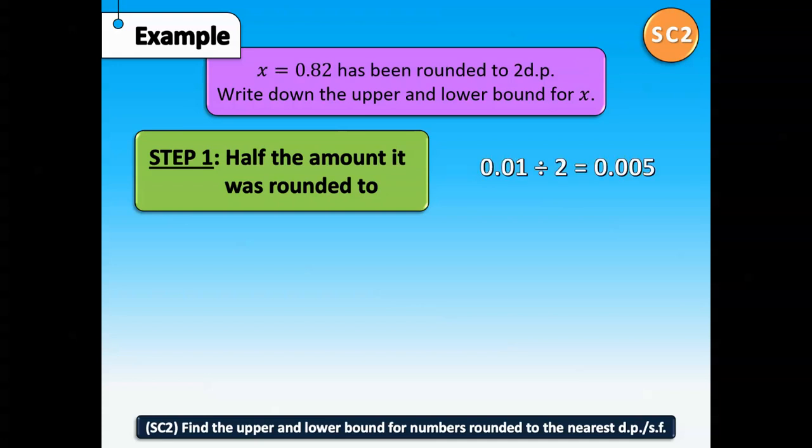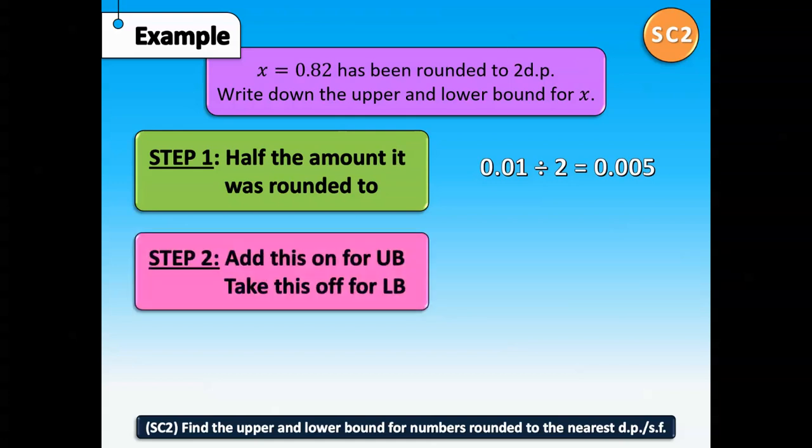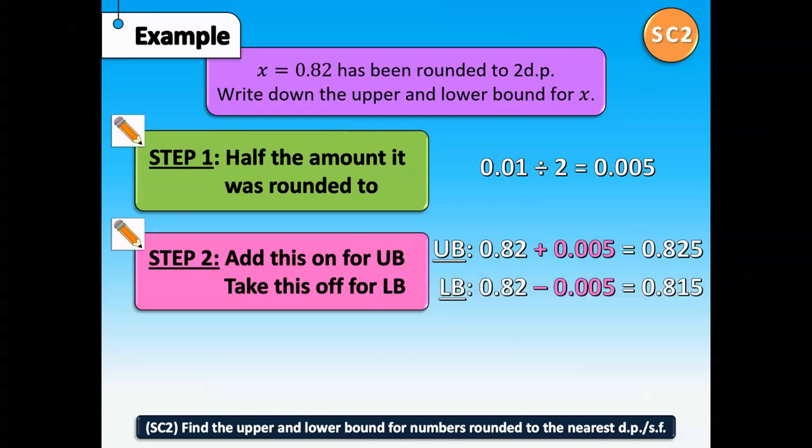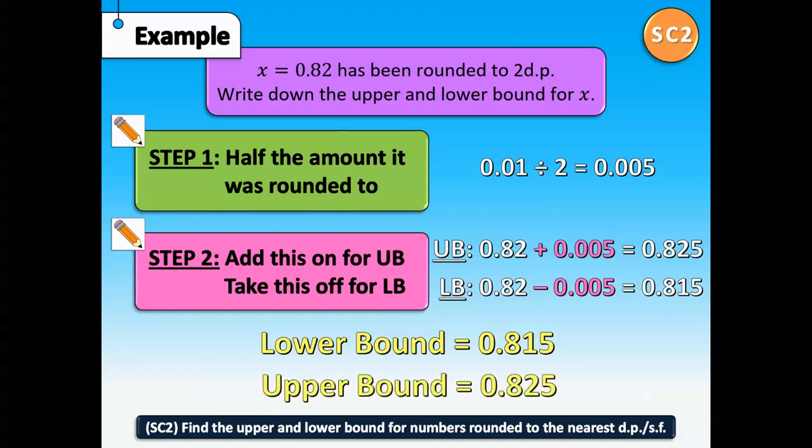So we half 0.01, which is 0.005. We add this on to get the upper bound, and we take this away to get the lower bound. So the lower bound is 0.815, and the upper bound is 0.825.